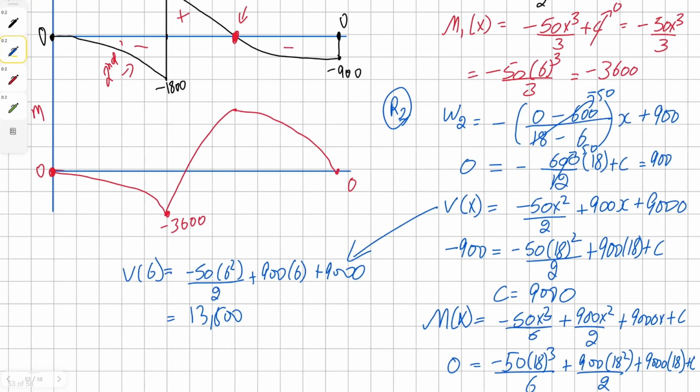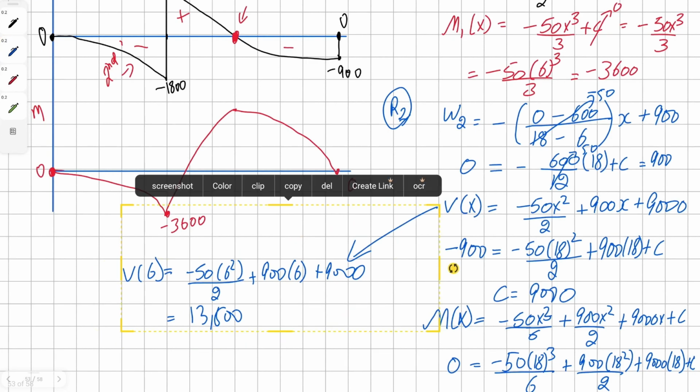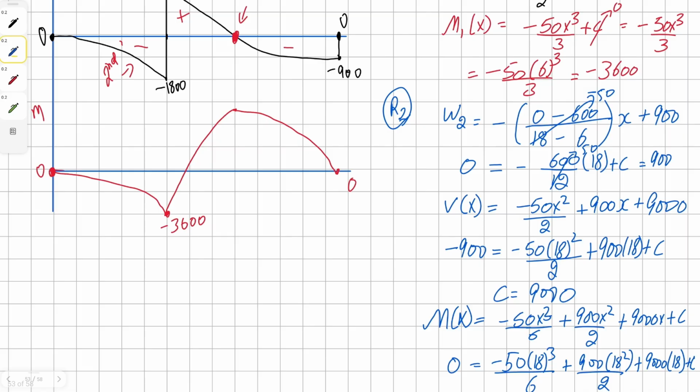So let's go back to, first of all, our load equation. And in here we know that we're going to have our solution as negative 600 divided by 12, and dividing that, we get our solution as negative 50.